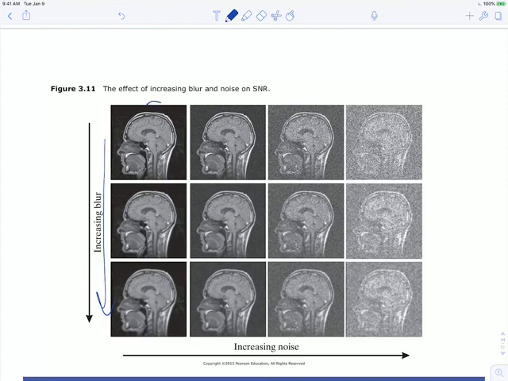And then here we're increasing the noise this way. But let's say we took a really noisy image and blurred it. Does that get better? The blurring is actually helping a little bit, right? Because it's averaging out some of the random noise. And so there's always going to be this trade-off between resolution versus noise versus time versus money versus contrast. Okay? So these are some of the topics we'll be talking about.